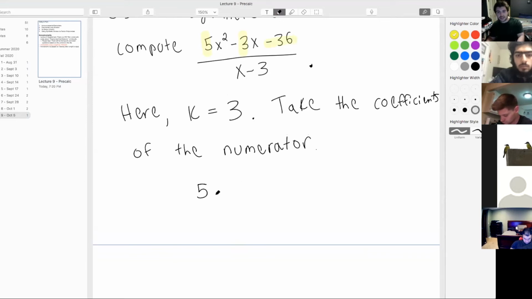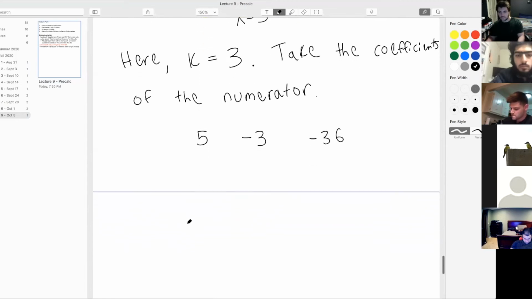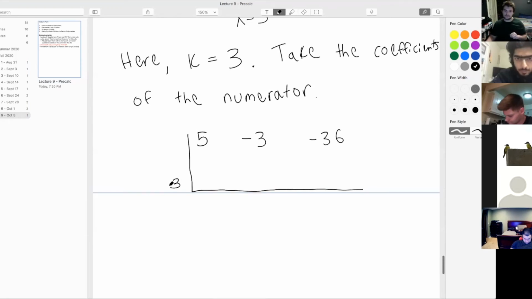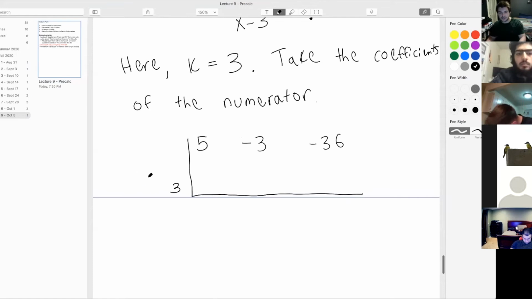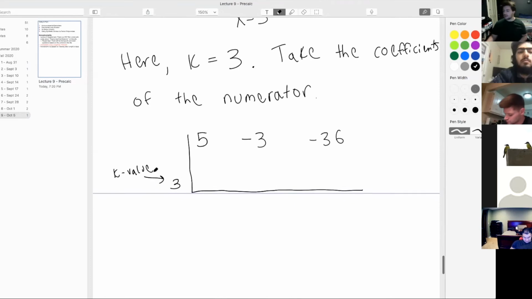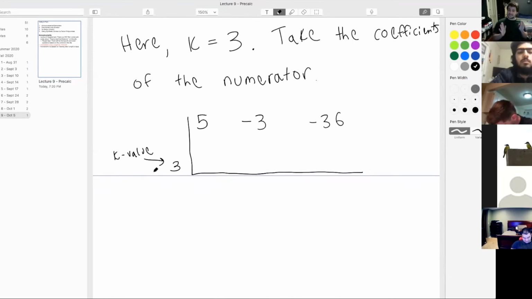So just write in a line here 5, -3, -36. Now write this half box and put your k value right here. So k is 3, so put your k value right there. This is just the setup, and here is the procedure.